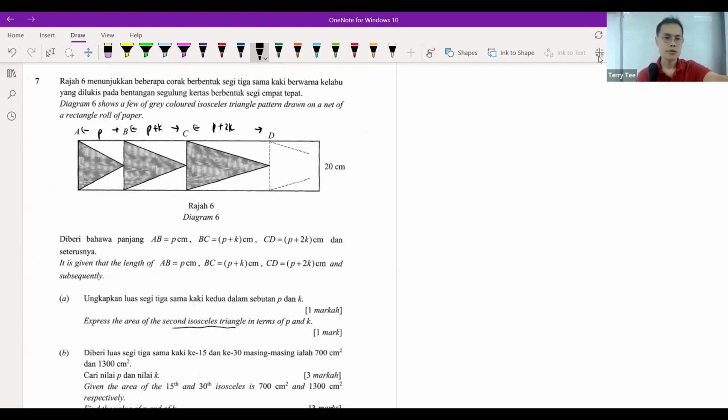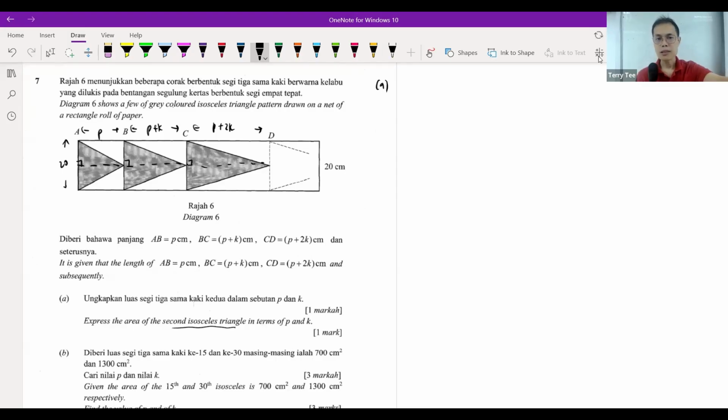If you have an isosceles triangle, we can divide evenly at the center, and this P here represents the height. The P plus K represents the height of the second triangle. P plus 2K represents the height of the third triangle, and so on. Now, the length of your base is 20, so we can use half times base times height.